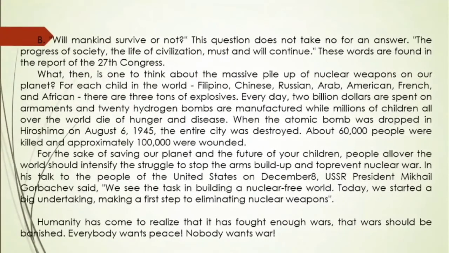Now for letter B, will mankind survive or not? This question does not take no for an answer. The progress of society, the life of civilization must and will continue. These words are found in a report of the 27th Congress. What, then, is one to think about the massive pile-up of nuclear weapons on our planet?